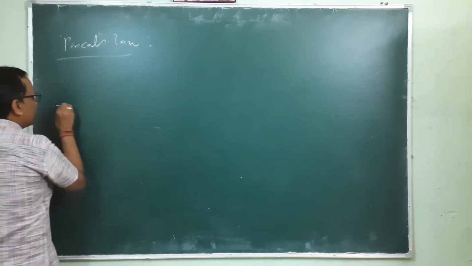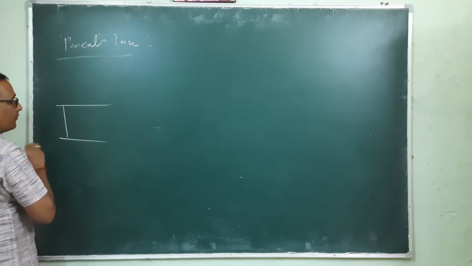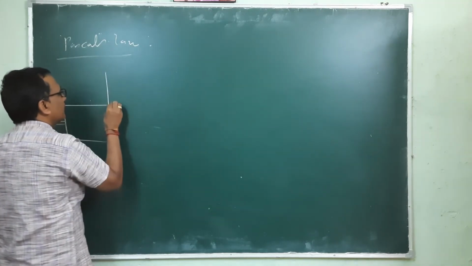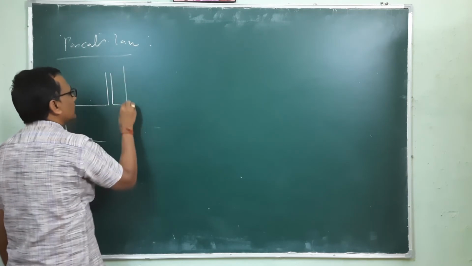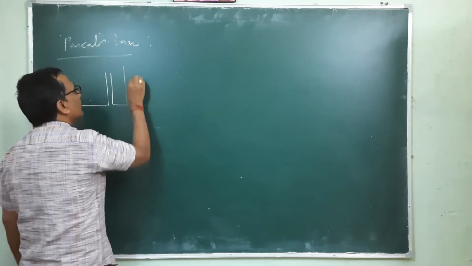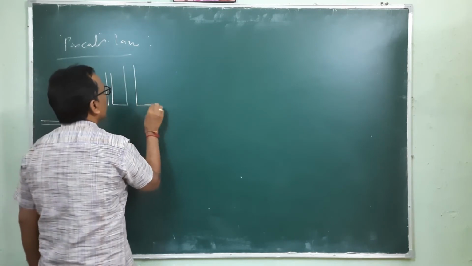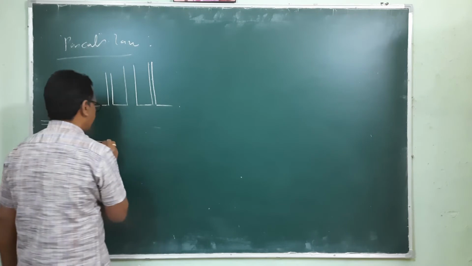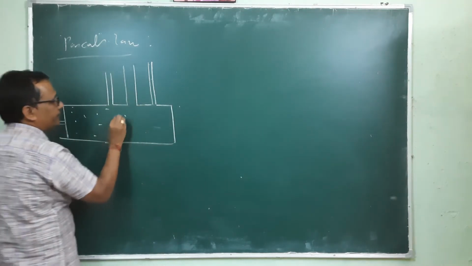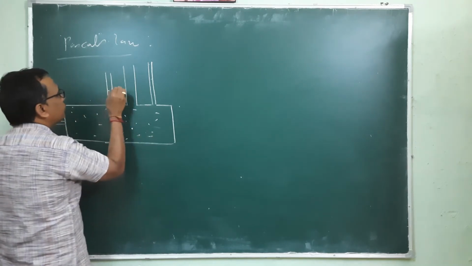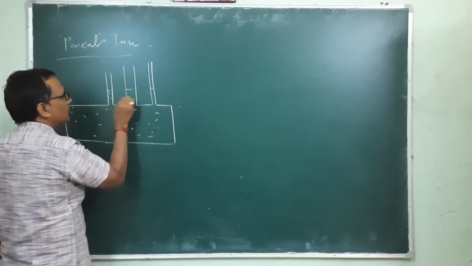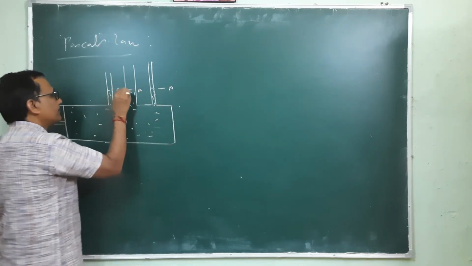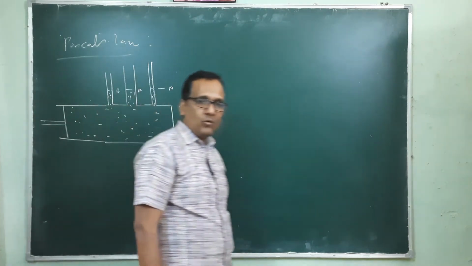If we have this special setup filled with liquid, and this is that liquid column, this is the initial point A. Initially there is no pressure applied here.